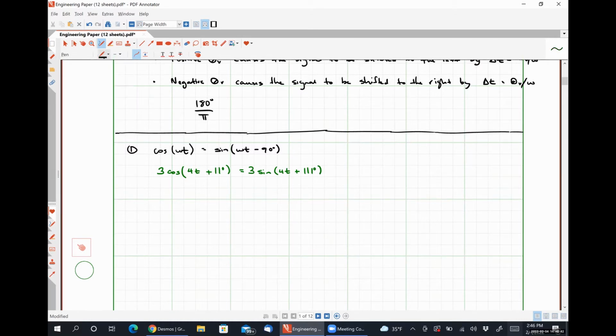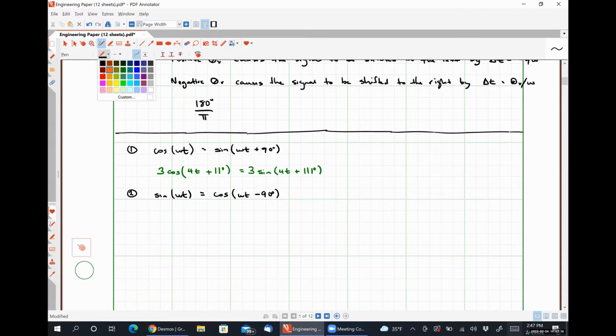Our second trig identity, which is going to be sine of omega t. Oh, sorry, this should be plus 90 degrees. My apologies. Our second trig identity is sine omega t is equal to cosine omega t minus 90 degrees.